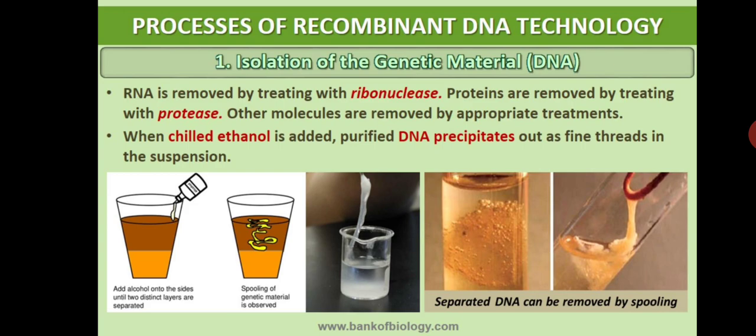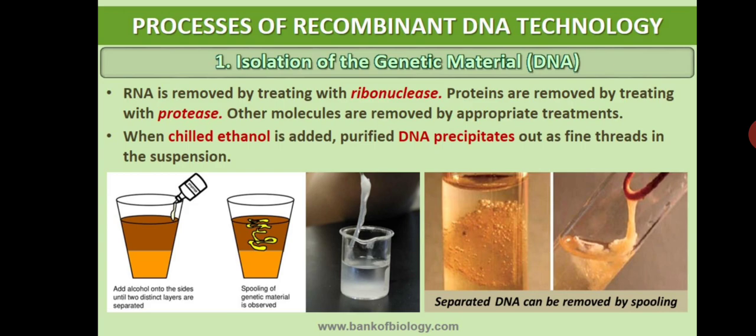This gel electrophoresis can be used to isolate the desired gene from the entire genome of the organism. When you isolate the entire DNA of the organism, it is very difficult to isolate a single gene.